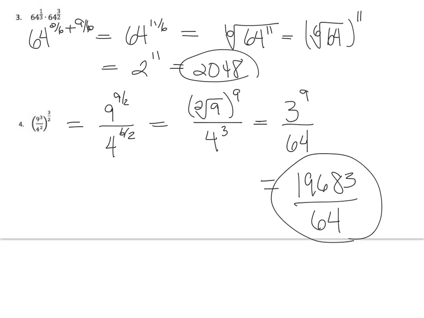I went ahead and put this on the outside of the radical because I know there's a square root of 9, which gives me 3, and I really don't want to raise 9 to the 9th power because it would be a very big number. So 3 to the 9th power, calculator, big number, and 4 to the 3rd power, I'm starting to memorize, 64. It doesn't give you a whole number for the division, so you can just keep it in a big fraction, right?